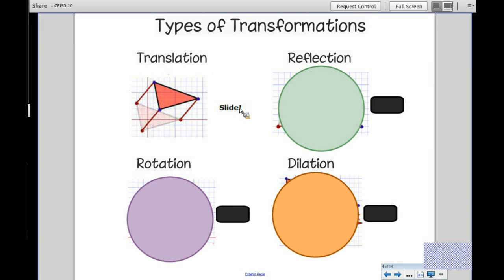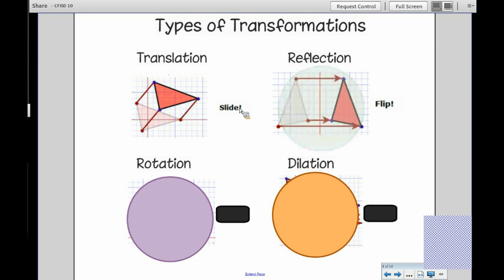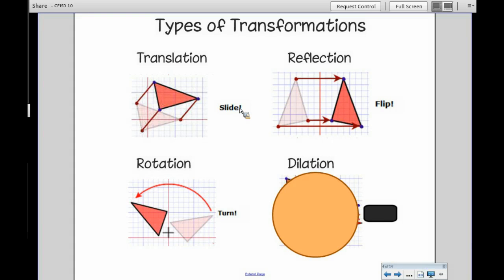What's another word for reflection? You got it, Austin. Flip. What about rotation? Oh man, Austin is on it. Rotation. Turn. And dilation. It's not always bigger. No, it's not always bigger.